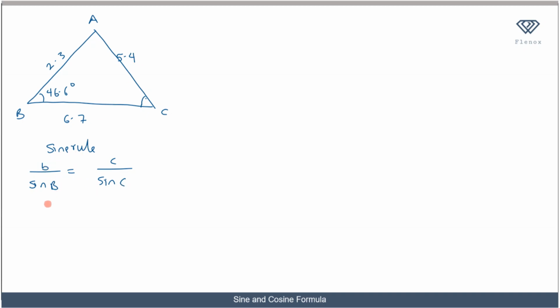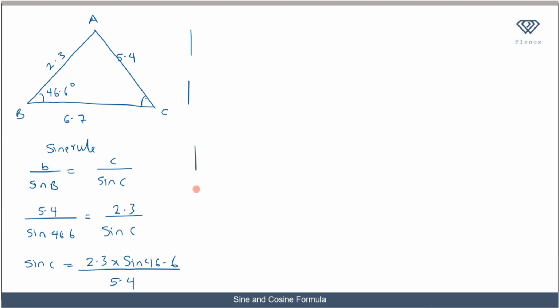I've gotten B to be 5.4. So I have 5.4 over sine 46.6 is equal to C, which is 2.3, over sine C, which is what I'm looking for. So I can write that sine C is equal to 2.3 times sine 46.6 over 5.4.